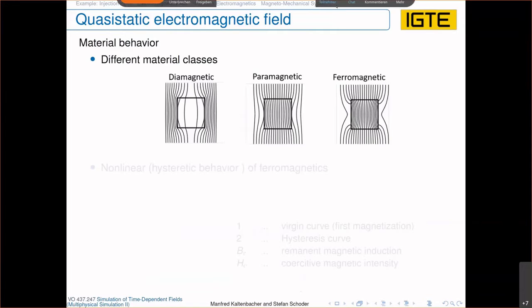And as shown here, in this case, diamagnetic materials have a relative magnetic permeability smaller than 1, which means the magnetic field will try to go around the material.